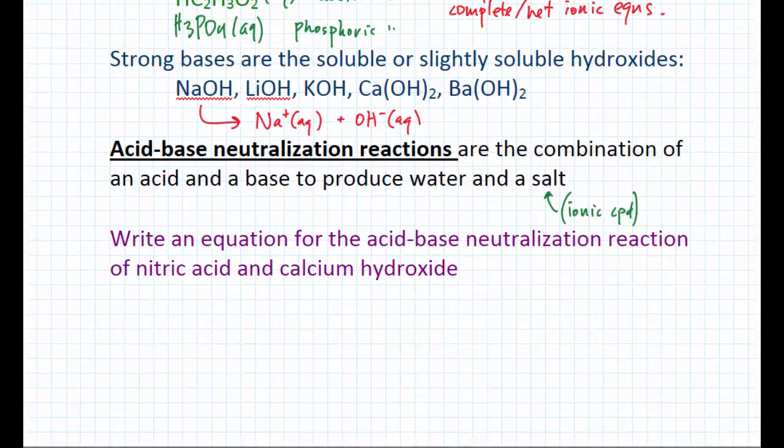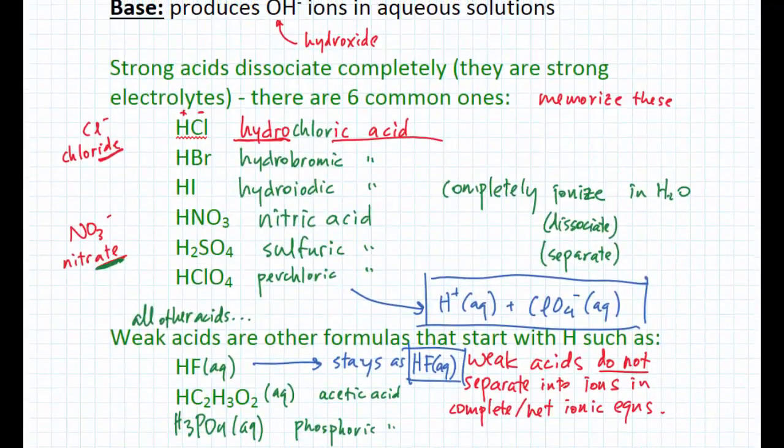So why don't you try writing the molecular equation first for the neutralization of nitric acid and calcium hydroxide. That means writing everything with phase labels. The phase labels for any of these acids will be AQ.